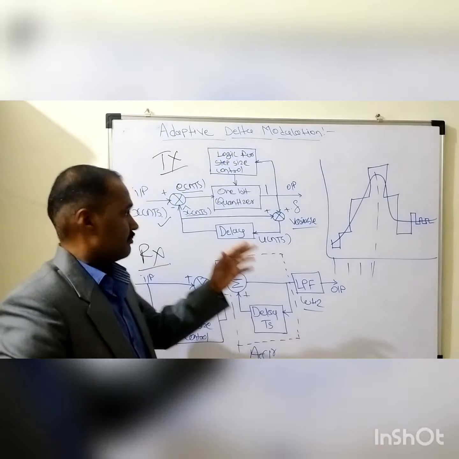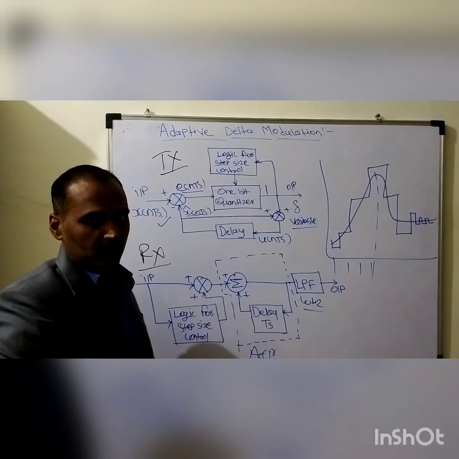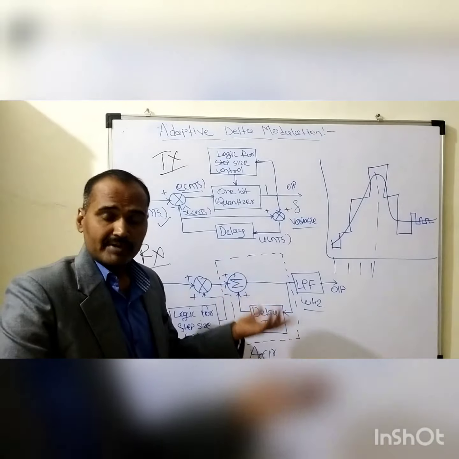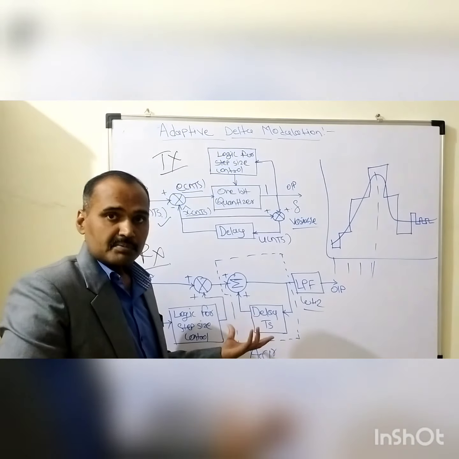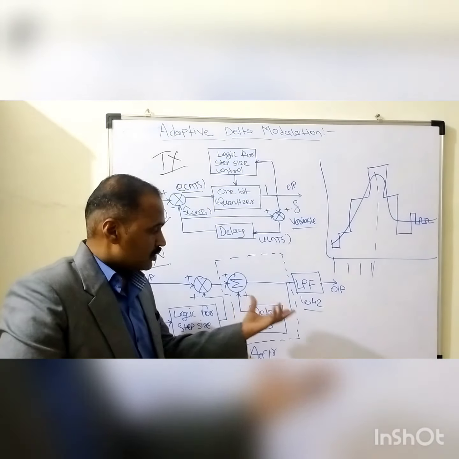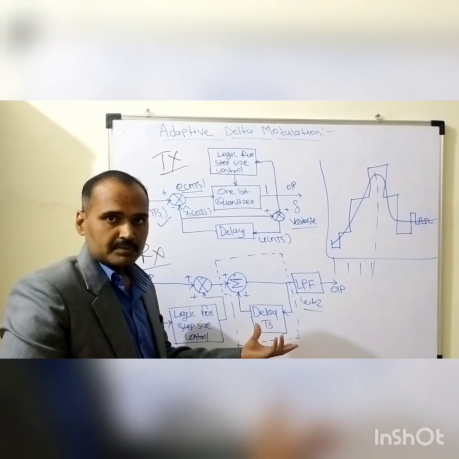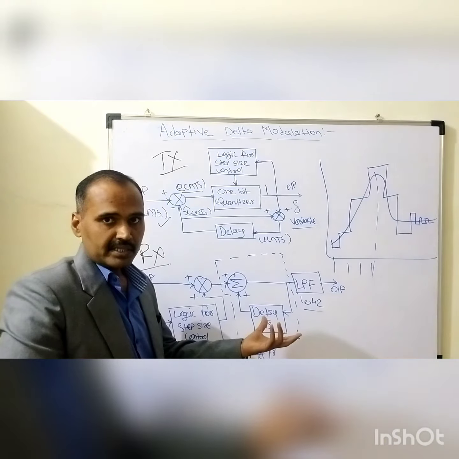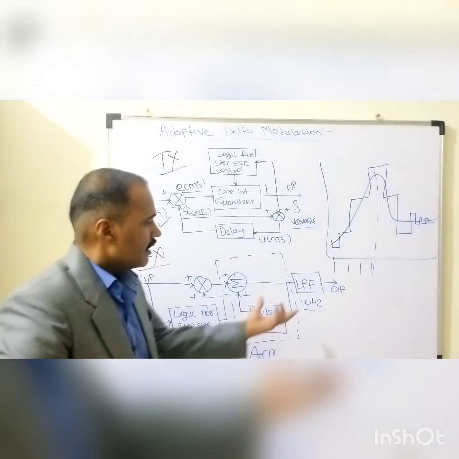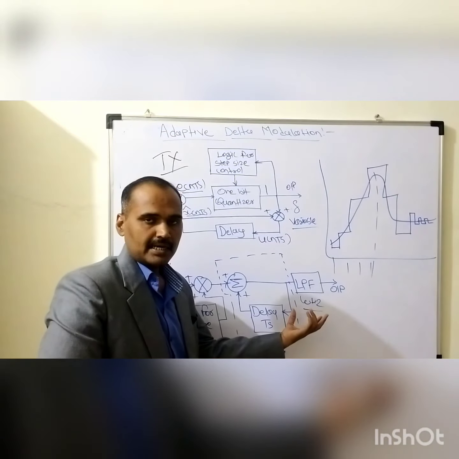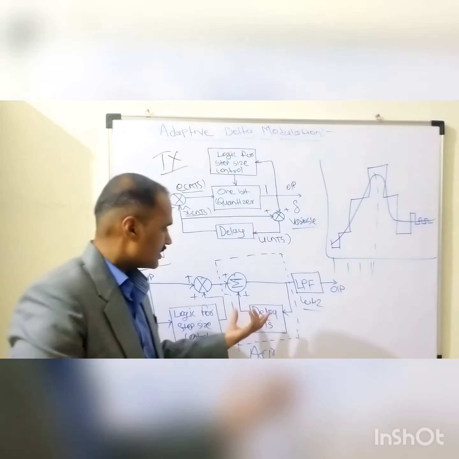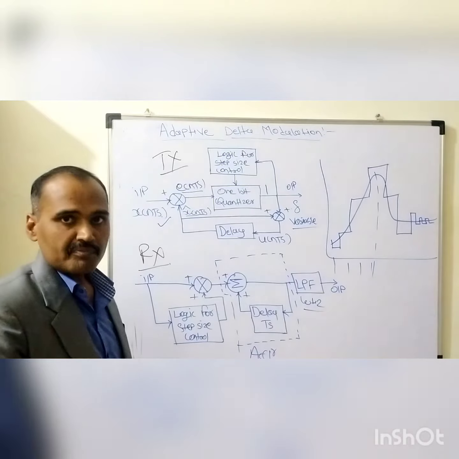The output of this sample and hold circuitry is being given to one of the inputs of this comparator in case of the ADM transmitter. As far as this ADM receiver is concerned, what kind of role is allocated to it? To successfully reconstruct the envelope of that continuous time signal, which is passed through this low pass filter whose cutoff frequency is exactly equal to omega hertz. Before this low pass filter, we used to have this type of accumulator.